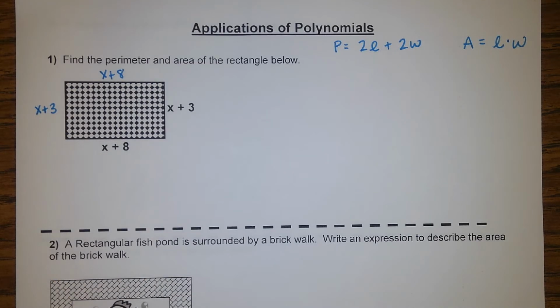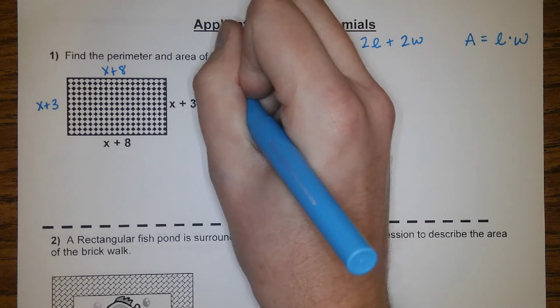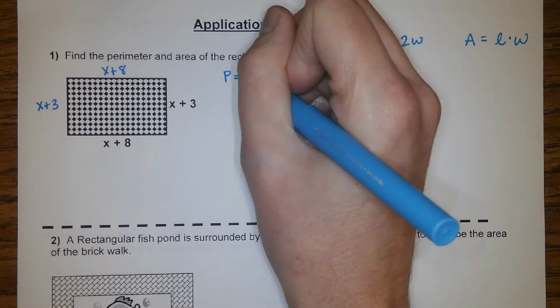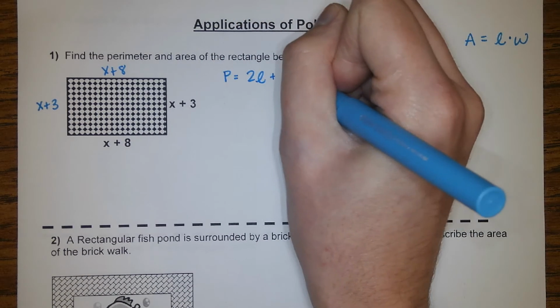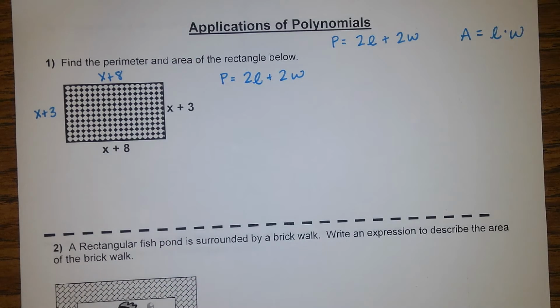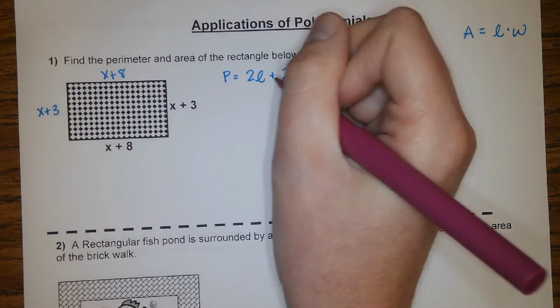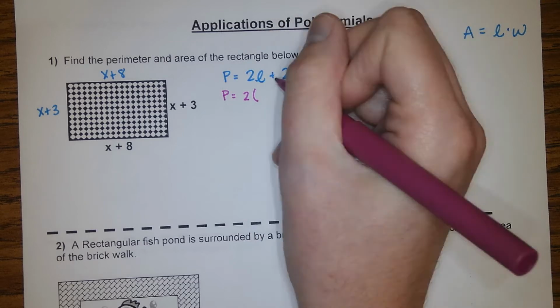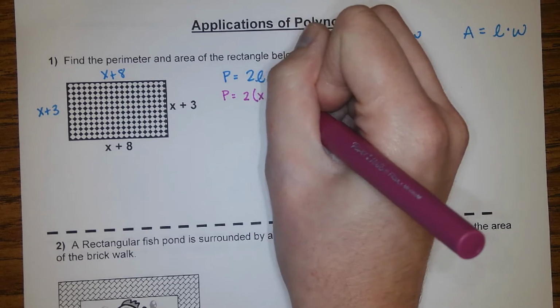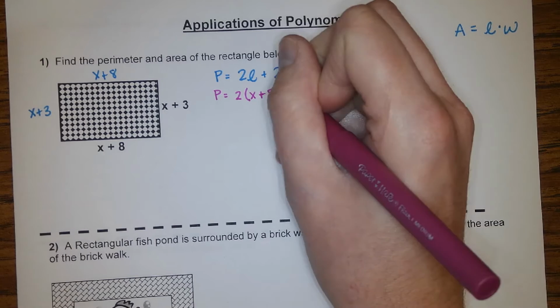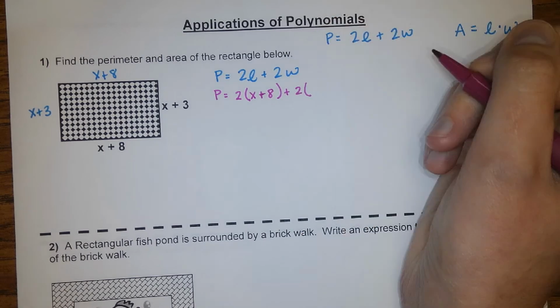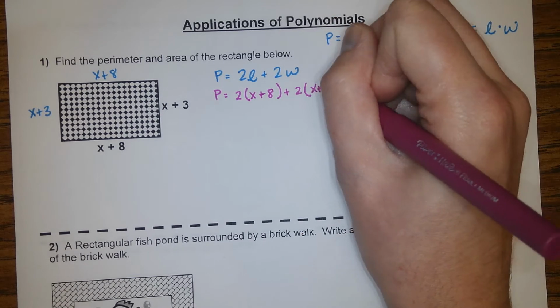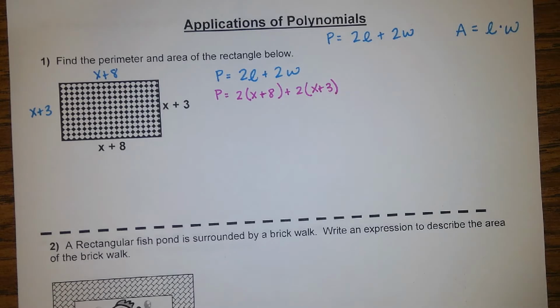So if we want to do our perimeter, our perimeter formula is 2L plus 2W. If I was going to plug these in, I would say P is equal to 2 times L, which is our x plus 8, plus 2 times W, which is our x plus 3, okay?